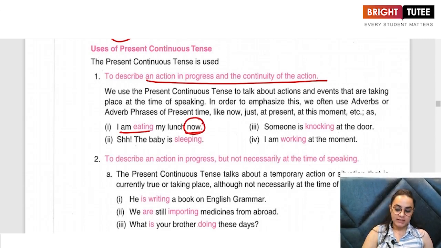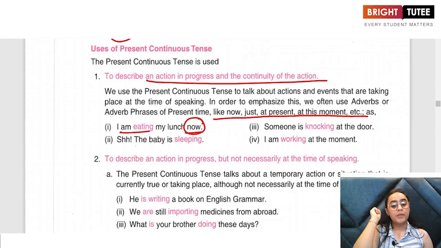So those sentences in which you come across adverbs like now, just, at the moment, etc., all these sentences are surely in the present continuous tense. Next sentence, shh, the baby is sleeping.